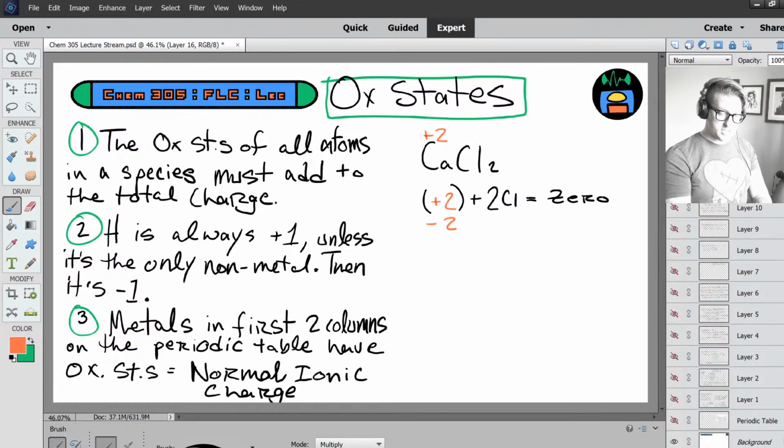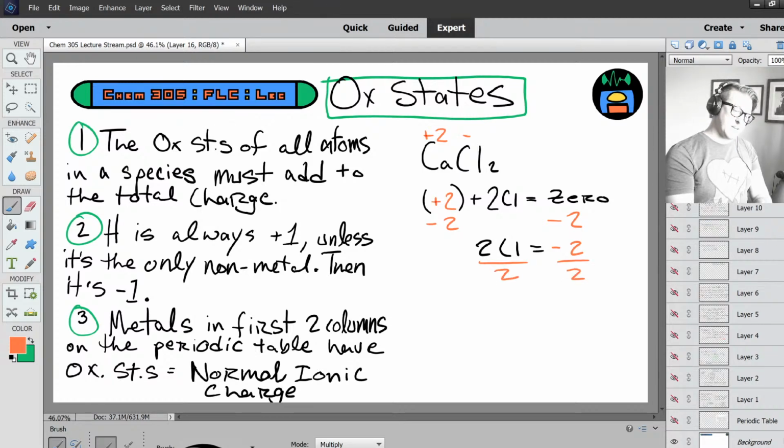Right? We subtract 2 from both sides of this equation, and we get 2 times the oxidation state of chloride is equal to -2. When we divide both sides by 2, we get that the oxidation state of chloride here is -1.